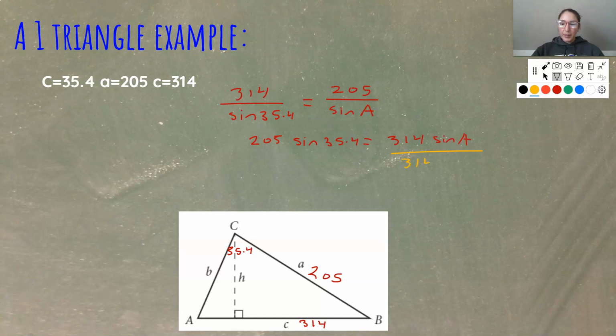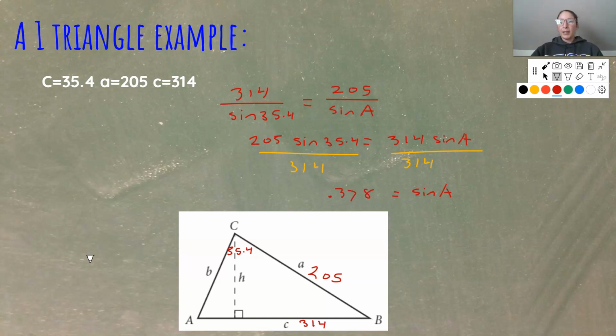Divide both sides by 314, and we get sine of A is equal to 205 times sine of 35.4 divided by 314, and that gives us 0.378.